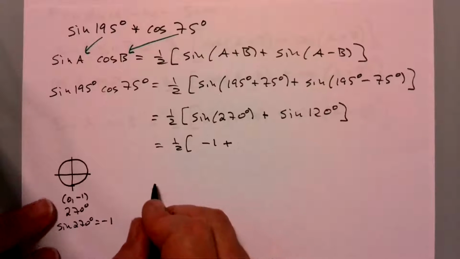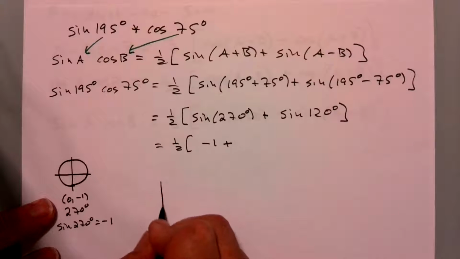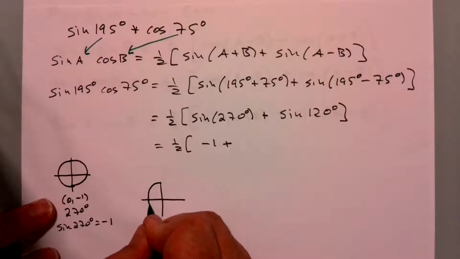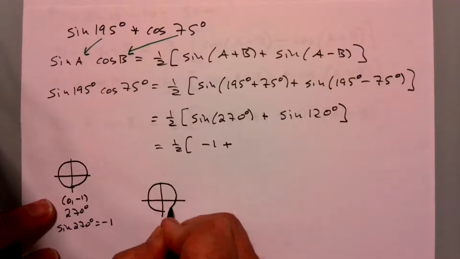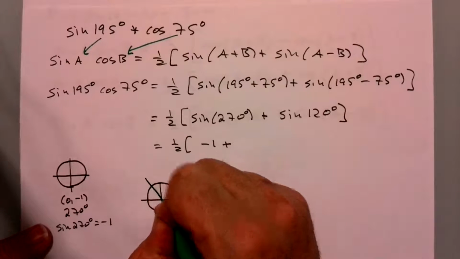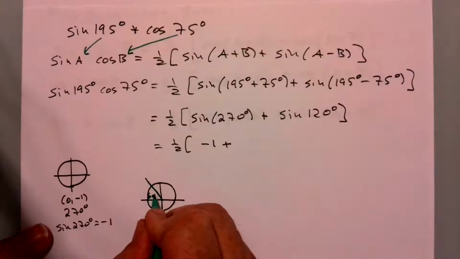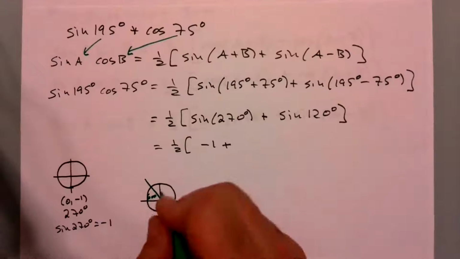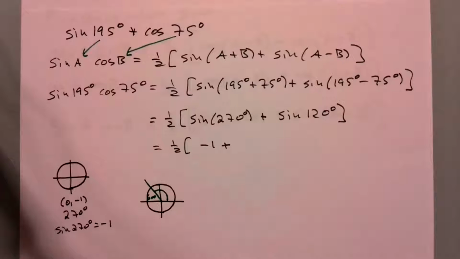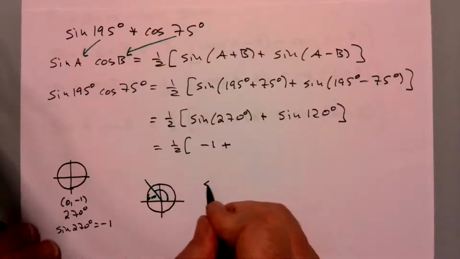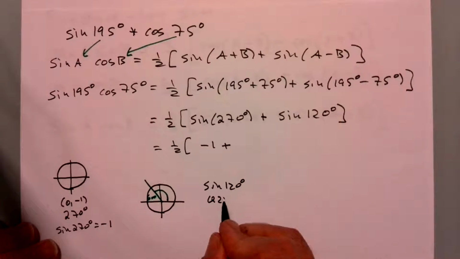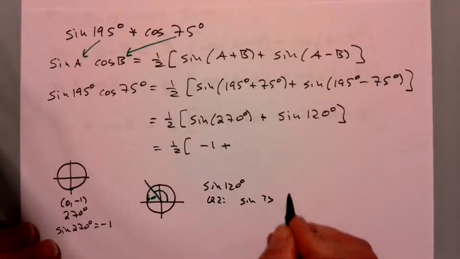Let's see what that is. 120 degrees is in the second quadrant with a reference angle of 60 degrees. So there's 120. We want to figure out what the sine of 120 degrees is. Well, sine of 120 degrees, we are in quadrant 2, so sine is positive.